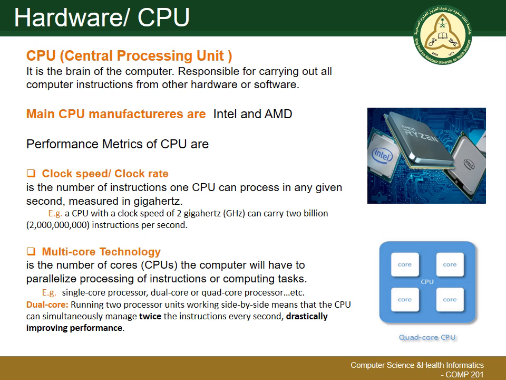Okay, now after talking about the input devices and the output devices, here we come to the brain of the computer, and we mean CPU, Central Processing Unit. Why we call it the brain of the computer? Because it's responsible for carrying out all computer instructions from other hardware or software. If you remember at the beginning of this lecture, I think in slide 4 or 5, when we define the word computer, we said it is about input, processing, and output.